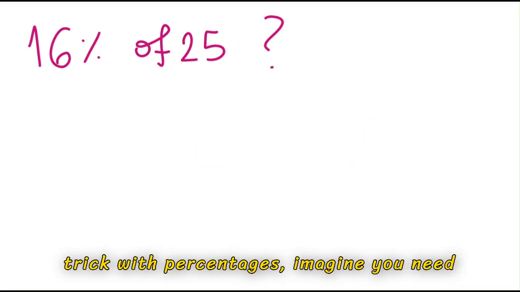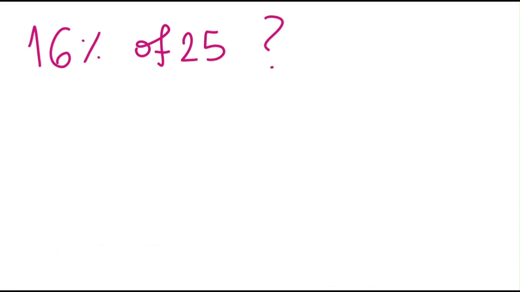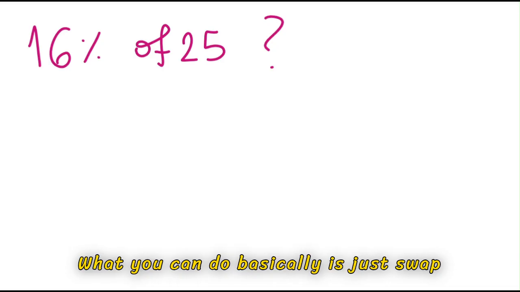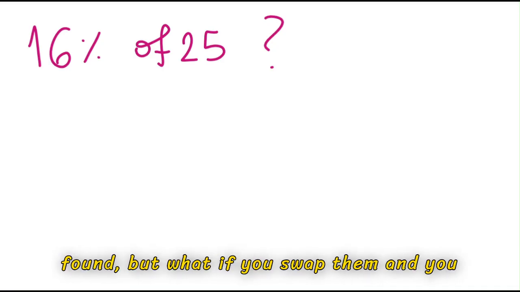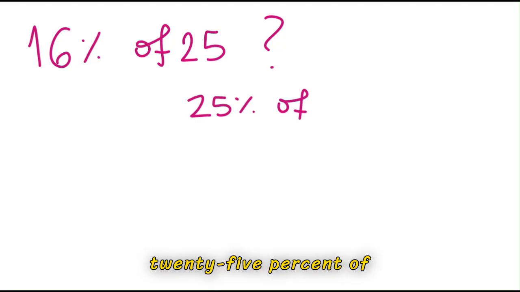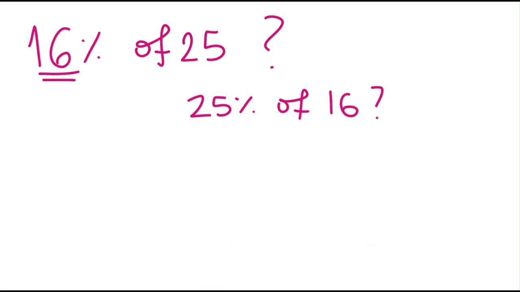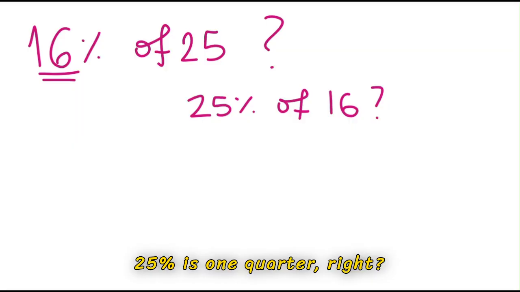And one of the best tricks with percentages, imagine you need to find 16% of 25. What you can do basically is just swap them, because this is not easy to be found. But what if you swap them and you say basically, what is 25% of 16? What is that? 25% is 1/4, right?